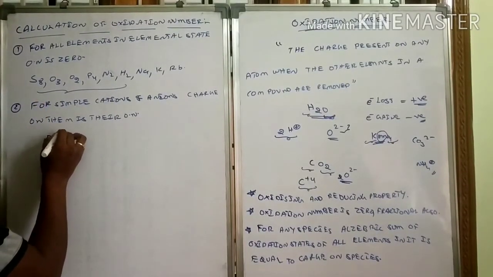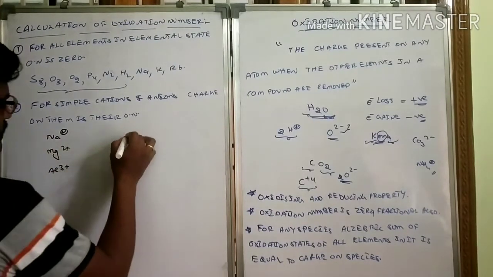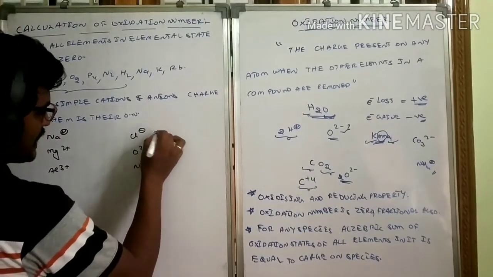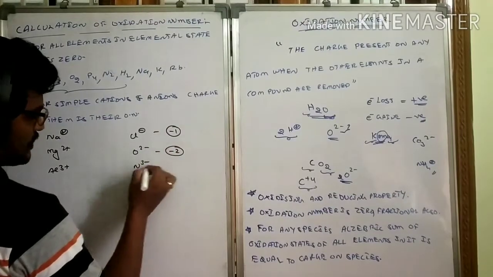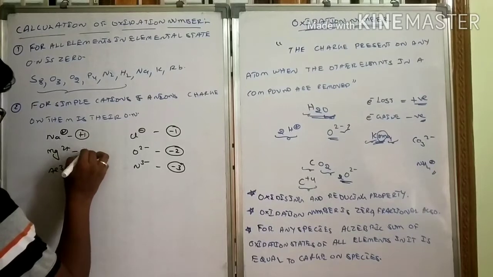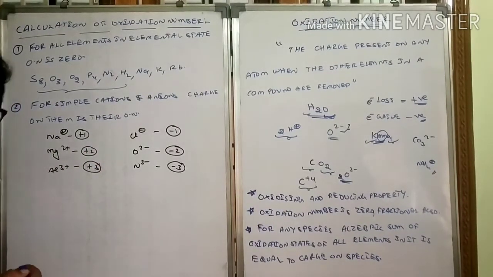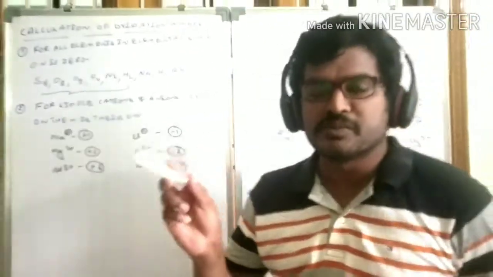See, Na+, Mg2+, Al3+, Cl-, O2-, N3-. What is the oxidation state of chlorine? It is -1. Oxygen is -2. Nitrogen is -3. Sodium is +1. Magnesium is +2. Aluminium is +3. Like this, whenever you take simple cations and simple anions.